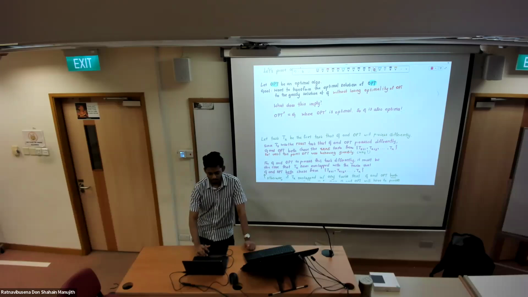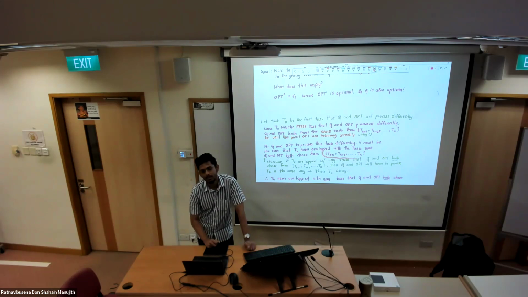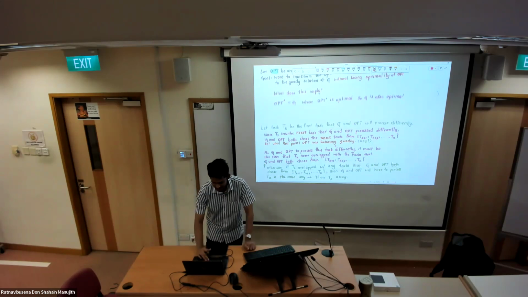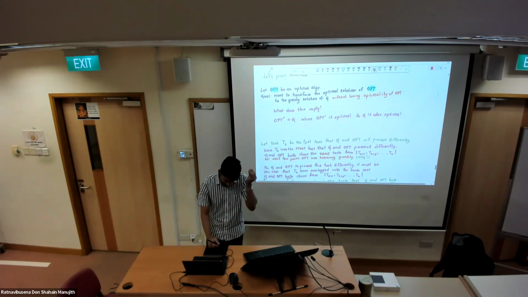Now listen. For G and OPT to process this task differently, it must be the case that Tk never overlaps with any of the tasks that G and OPT both chose from this subset. Why is that? Let's quickly see why.